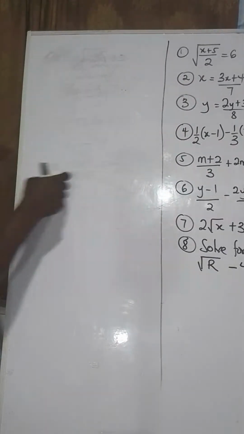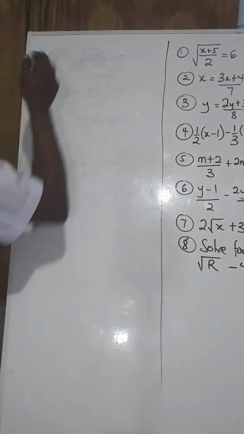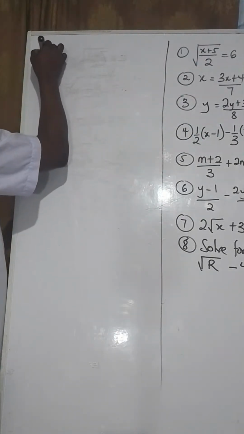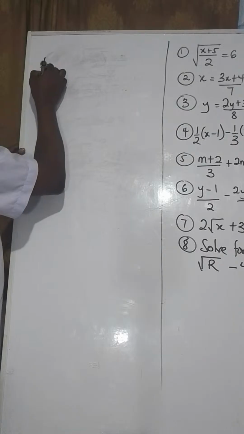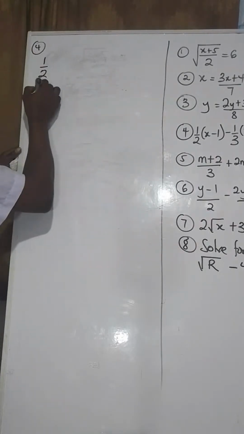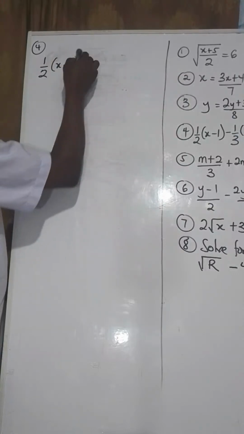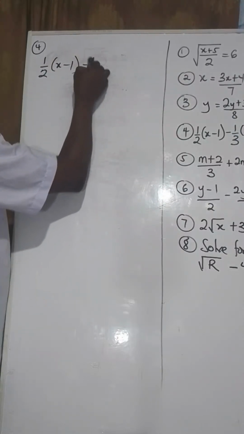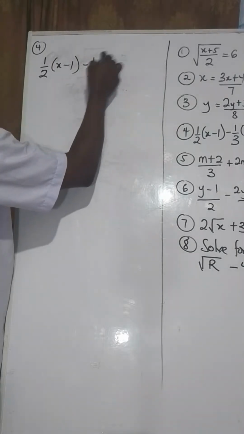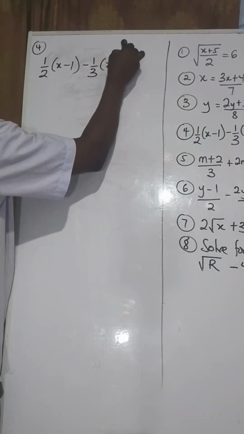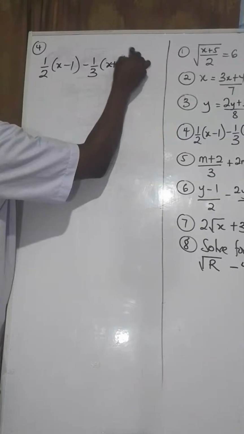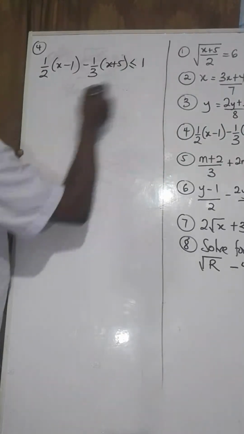If you can all solve it. This one we have 1/2 (x - 1) - 1/3 (x + 5) less than or equal to 1.